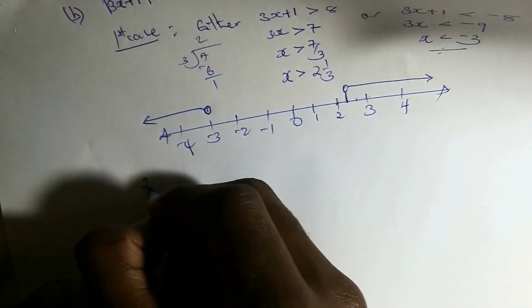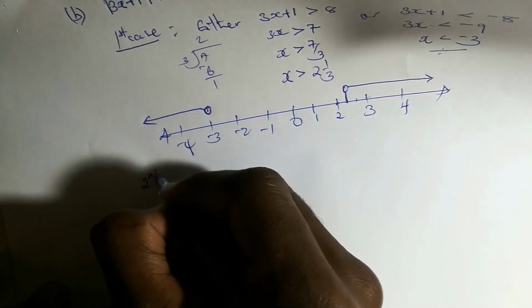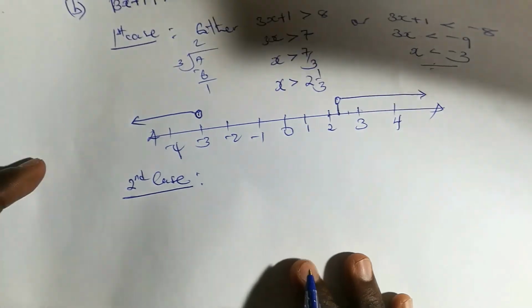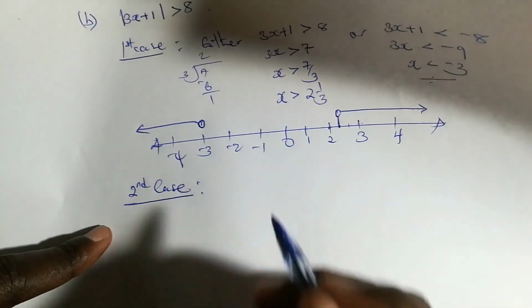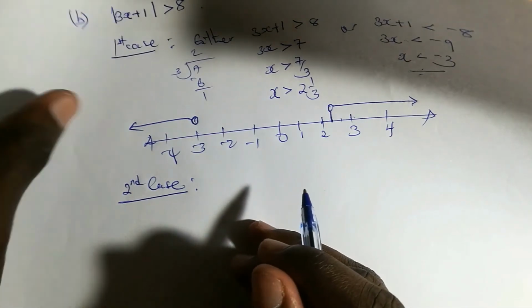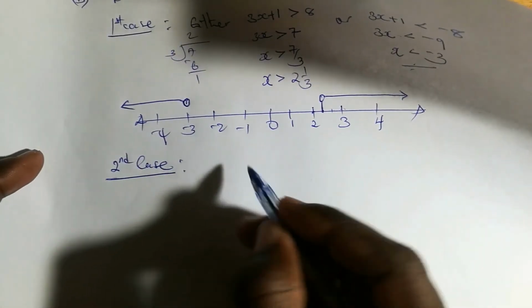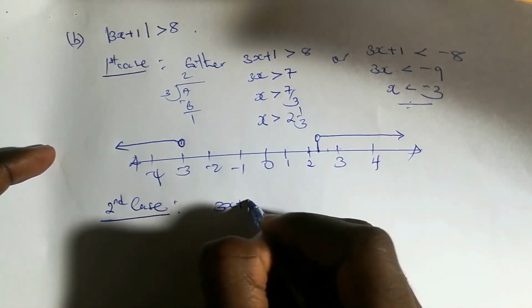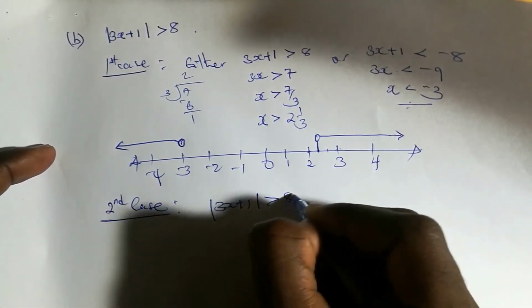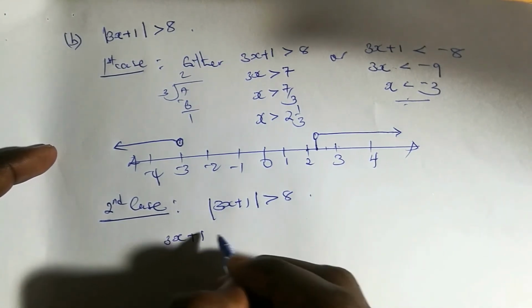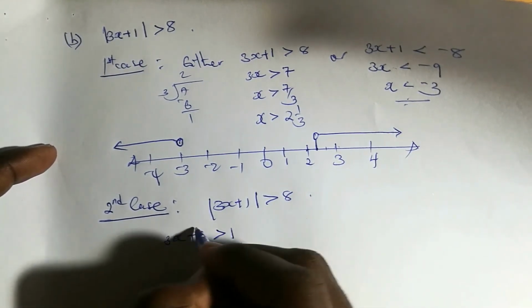Then we see our second case scenario. Second case, that's when we consider the other one that I came up with, to see how you can come to that. We have here 3x plus 1 greater than 8. You consider the first, positive side, greater than 8. That means here positive, right?